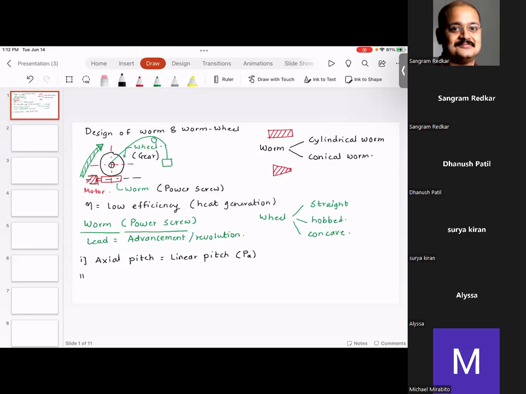Then the lead is axial pitch multiplied by the number of starts. Then the third is the lead angle, which is equal to tan inverse of lead divided by pi times the diameter of the worm.